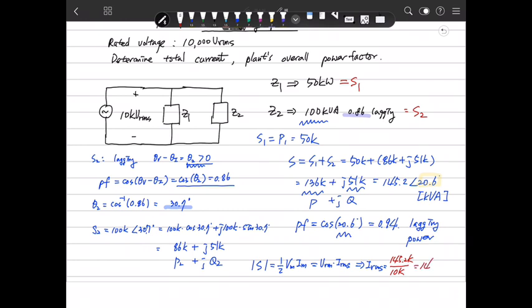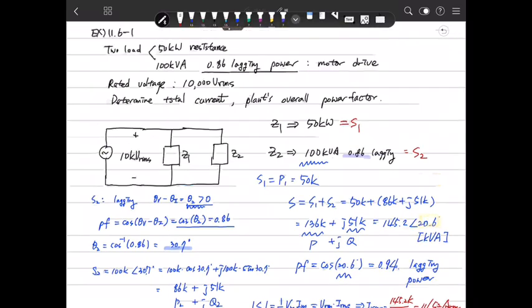So there will be 14.52 amperes RMS. So we can calculate the power factor and the current. It's a very simple problem.